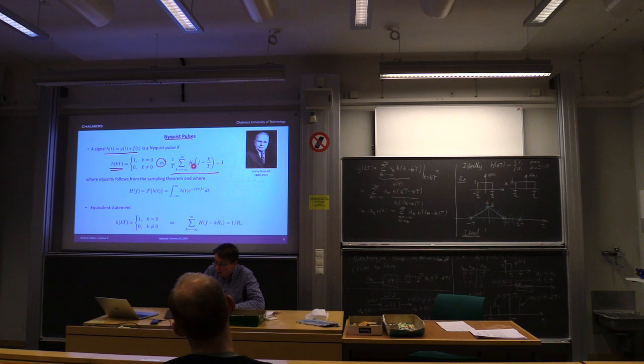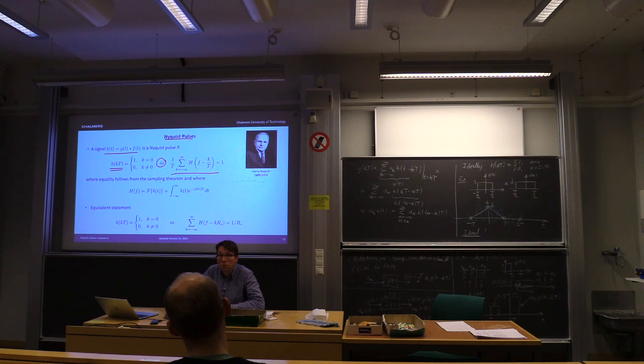It says that the Fourier transform, so small h has a Fourier transform capital H. If we take capital H as a function of frequency, and we essentially form a pulse amplitude modulation process of this with amplitude 1. Okay, so we take H and we repeat that on the f-axis, spaced by 1 over T, multiples of that. Sum all of these together, scale with 1 over T, we get 1.